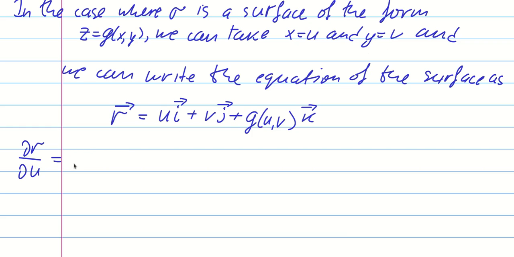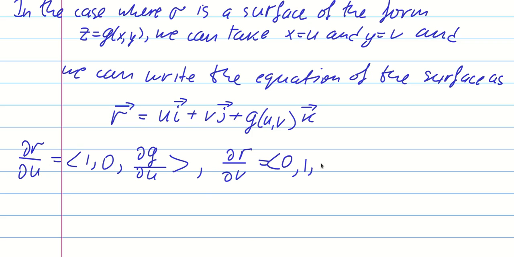So dr du will be 1 i, then 0, no u here, and then we'll have dg du. And then dr with respect to v will be 0, 1, dg dv.